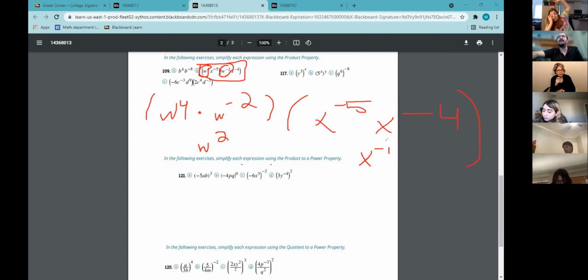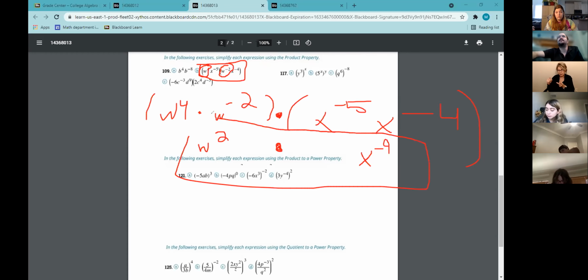Okay. And I'm still multiplying, right? Between these things? Yes. So if I want to combine these, how do I combine these? This is a W squared. What about this? How can I rewrite this? Would it be 1 over x to the 9th?